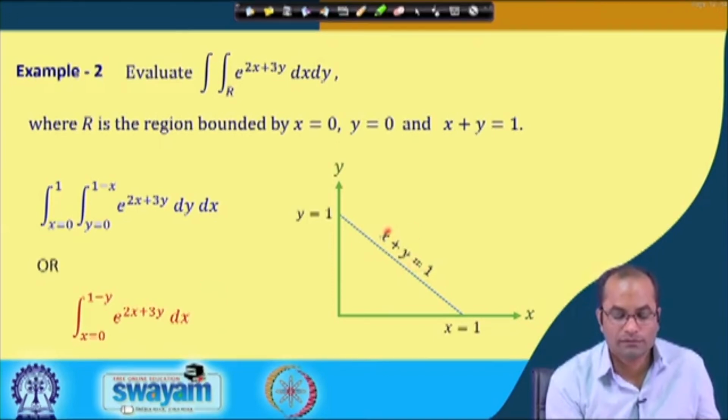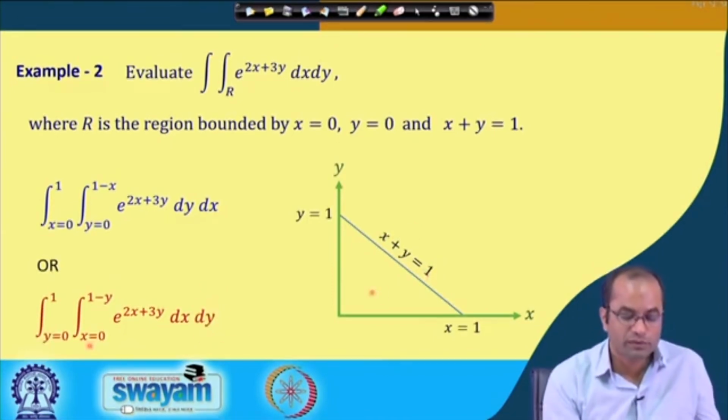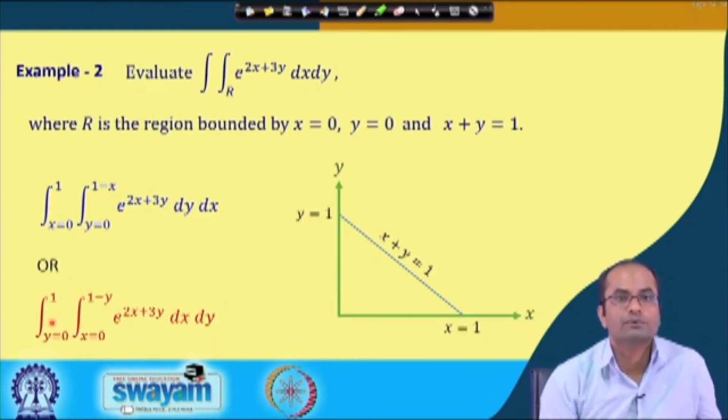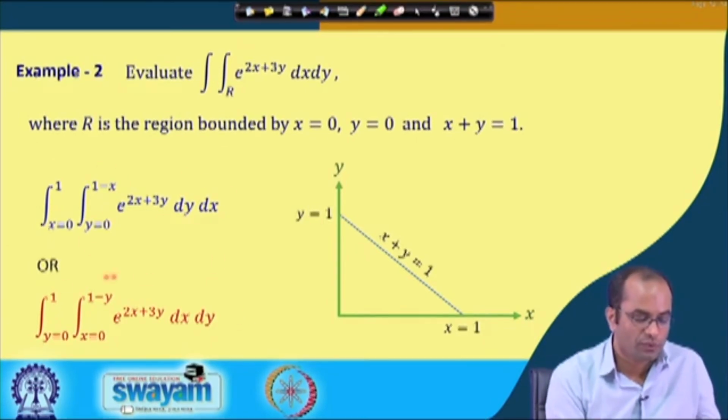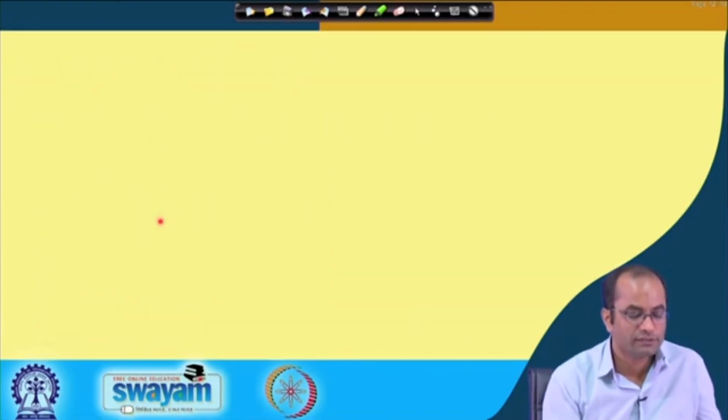So, x goes from 0 to 1 minus y, and then we integrate with respect to y. So, y will be from 0 to 1, and then we can take either the first integral or the second one to compute. So, let us take the first one.